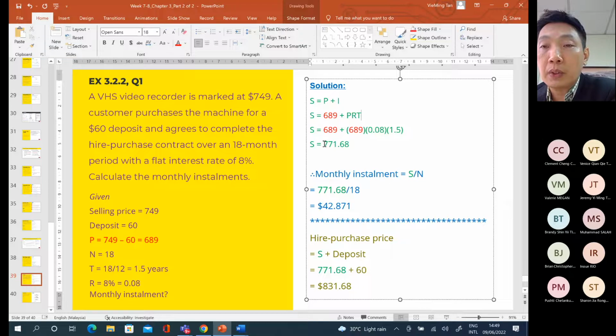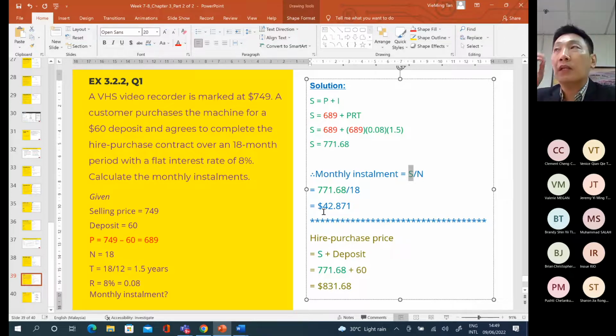Okay, so once we know the S value is this number, we substitute this number into the formula here. Divided by 18. So you'll get 42.87. So that means every month, the customer has to pay $42.87 every month in order to settle the debt under the hire purchase agreement.